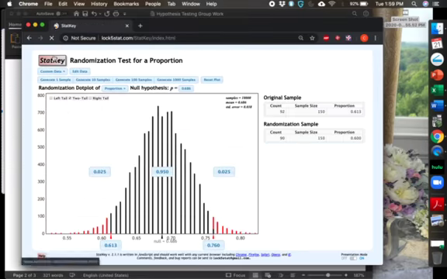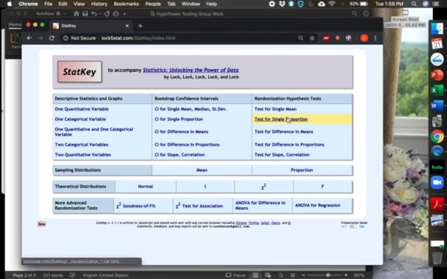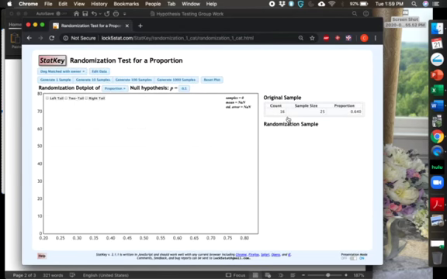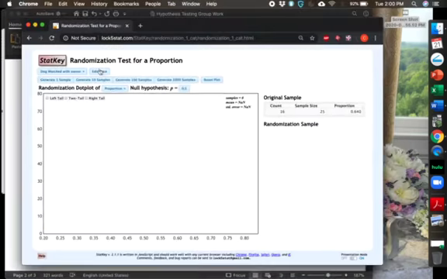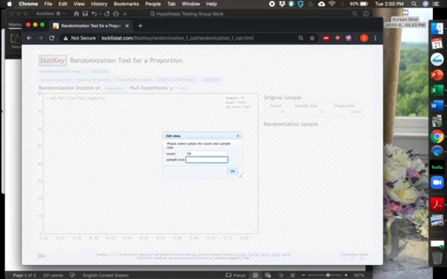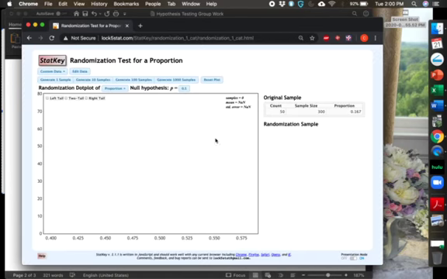So let's start with a new screen on StatKey. Again, we're dealing with a single proportion. But now my data is that 50 out of 300 were smoking from my sample. My null hypothesis was 18%. And again, the null is always a statement of equality. We believe that this has decreased, that this will be left-tailed.